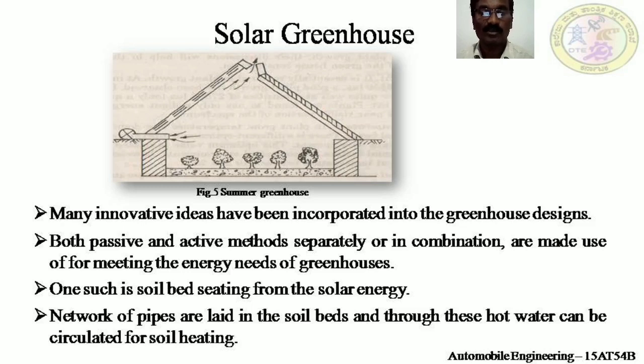Many innovative ideas have been incorporated into greenhouse designs. Both passive and active methods, separately or in combination, are made use of for meeting the energy needs of greenhouses. One such is soil bed heating from solar energy.